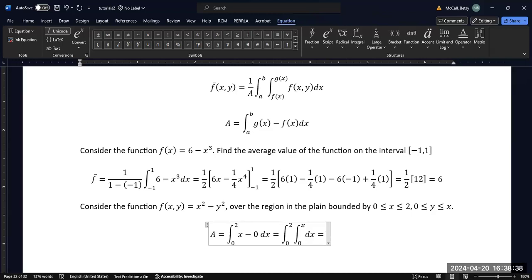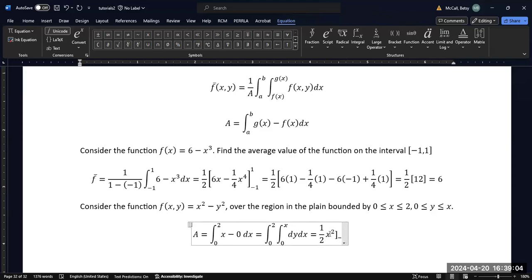When I integrate 1 and then I substitute, dy dx. When I integrate y with 1, I'm going to get just y, and then I'm going to plug in x and 0, and I'm going to get x minus 0. And then the second step of the integration is going to be exactly the same. I'm going to integrate x, and I'm going to get 1/2 x squared.